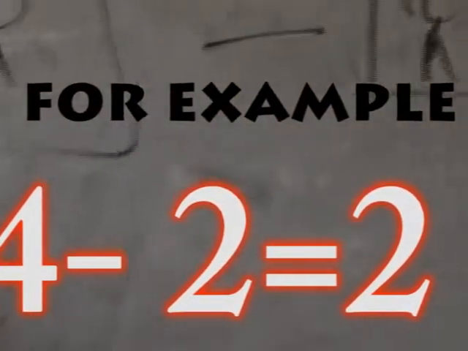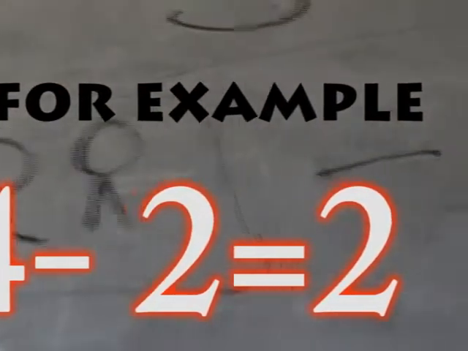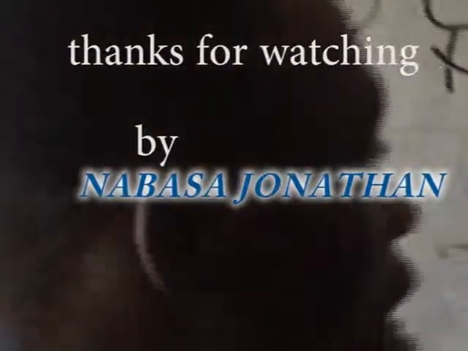This is the symbol of subtraction. 4 minus 2, and we are having 2. Then we might be having 5 minus 3, and we are going to get 2. 4 minus 1 is equal to 3. So, my friends, this is how we can subtract numbers.